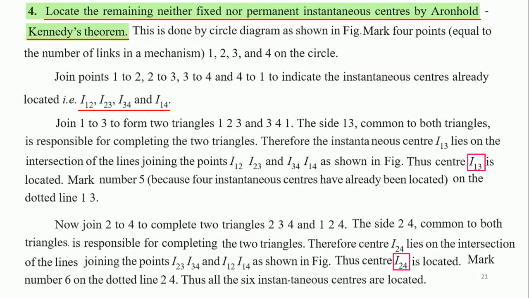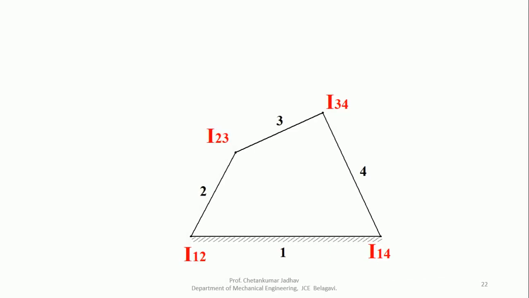Students, in step number 4, we will locate the remaining neither fixed nor permanent instantaneous centers by using Arnold-Kennedy's theorem. Let me explain the procedure to indicate the remaining instantaneous centers in further slides. To locate the remaining 2 instantaneous centers, first we will draw a circle as shown in the figure.